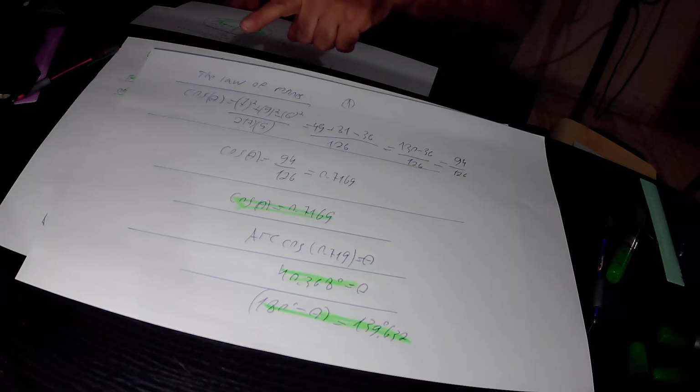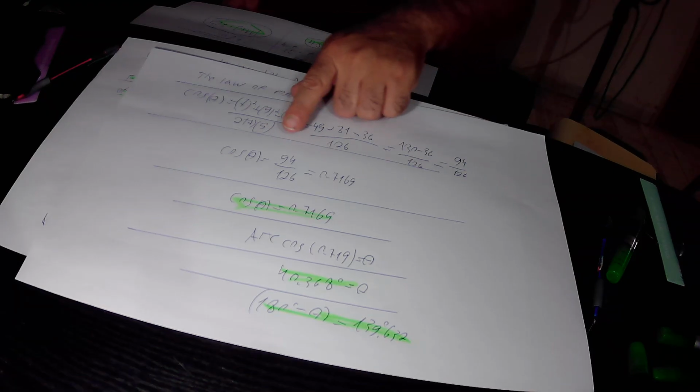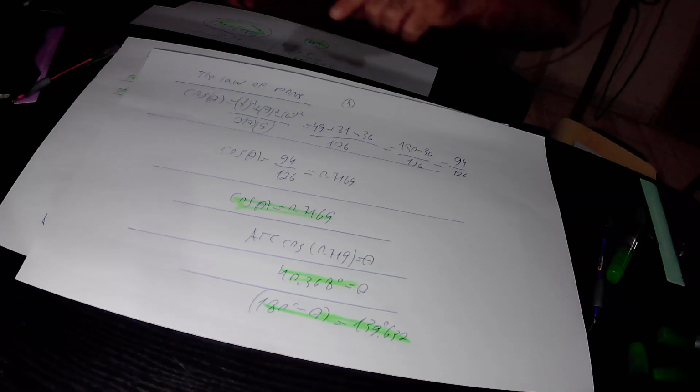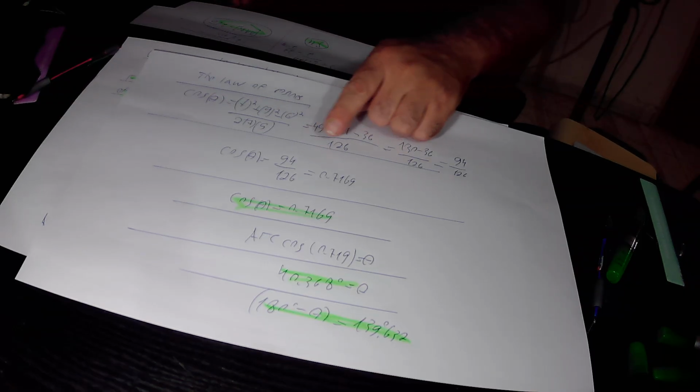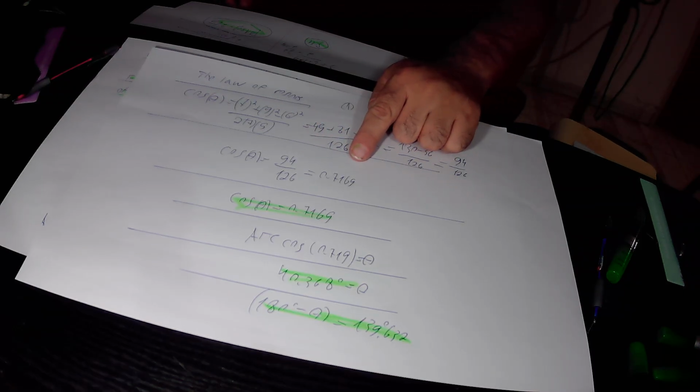So in total, cosine theta equals 94 over 126, which is 0.7169.